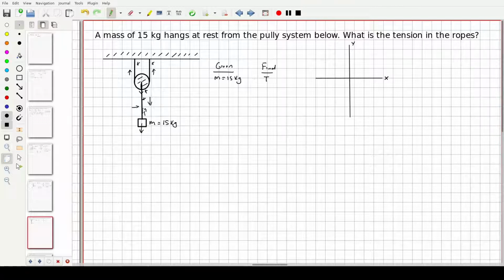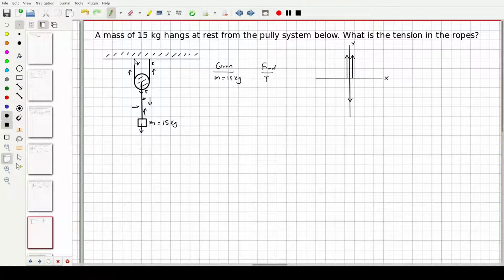Now, you have the weight of that mass pulling down. But you also have tension being split up both sides. There's two vectors going up here. Now I'm drawing them a little off axis. They're not on the x-axis. It's just because there's two of them here. I need to be able to separate them on that axis there.